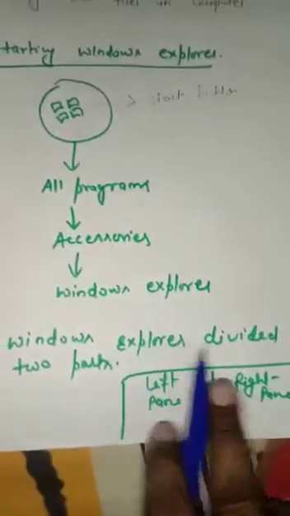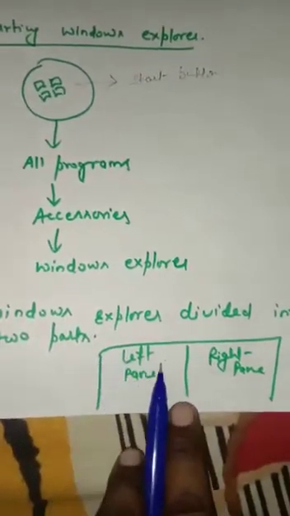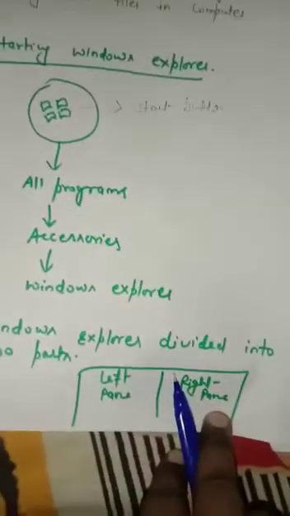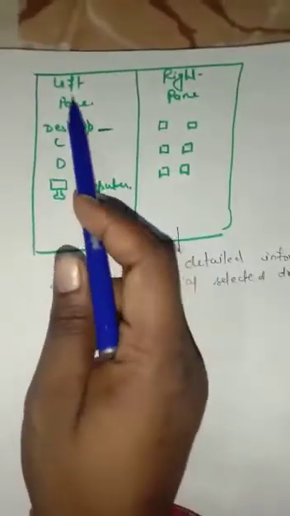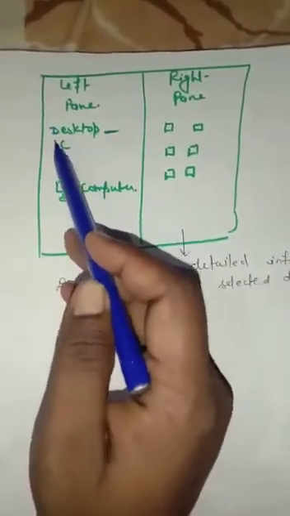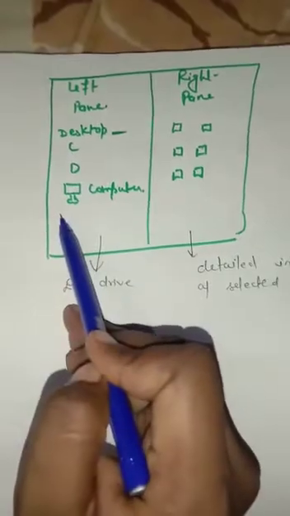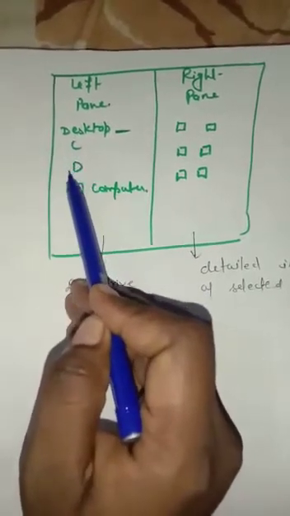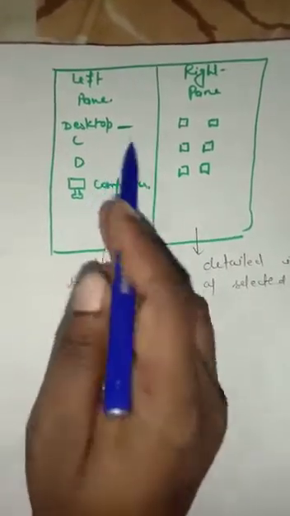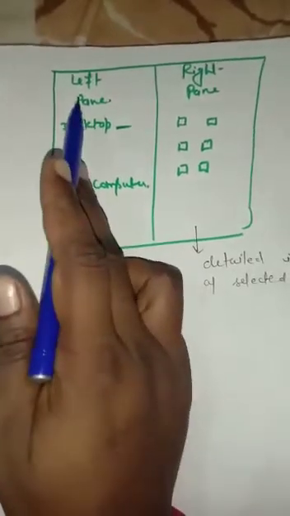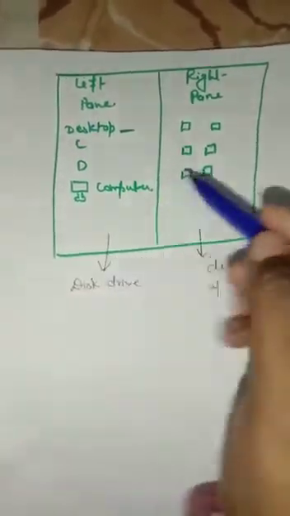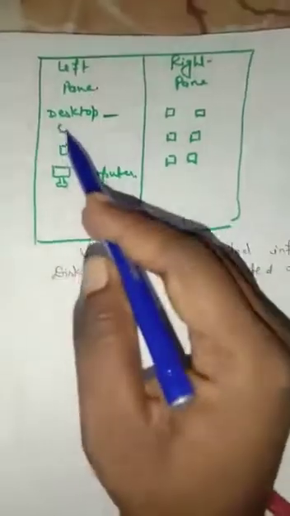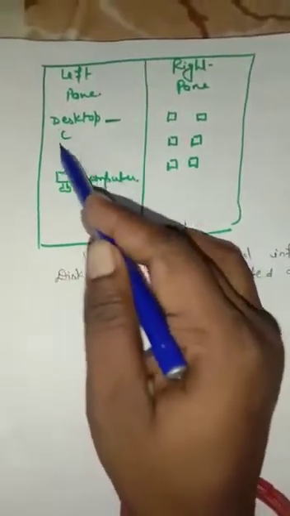Windows Explorer window is divided into two parts, which are left pane and right pane. The left pane of the Windows Explorer shows the different types of disk drives. For example, C drive, D drive, desktop, my computer, all these options show in left pane. Right pane shows the detailed information of selected drive.